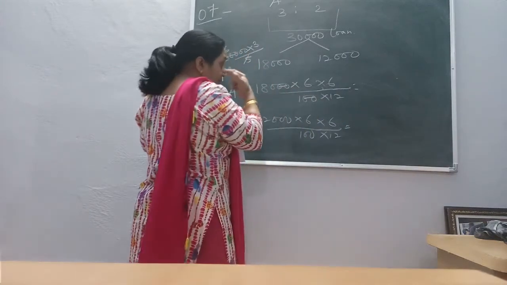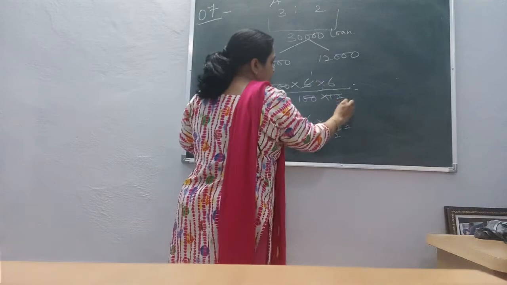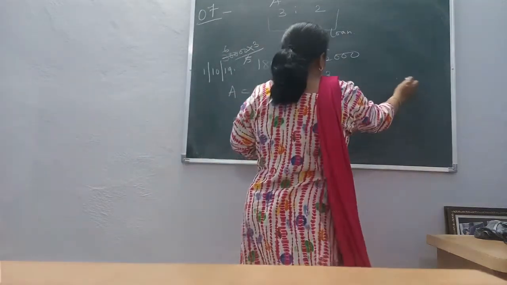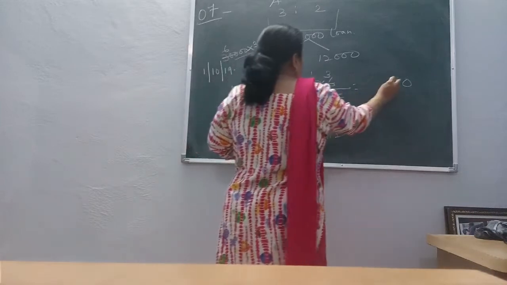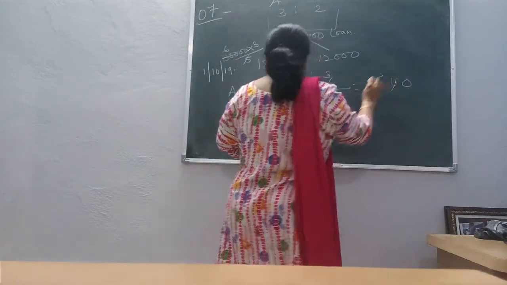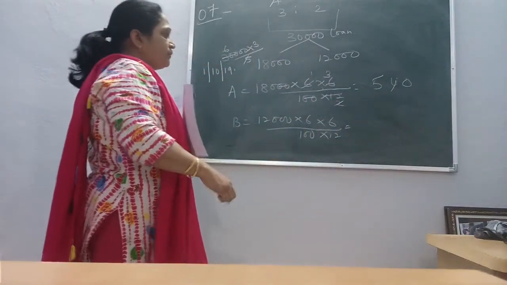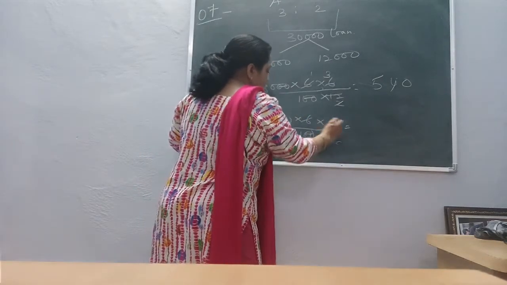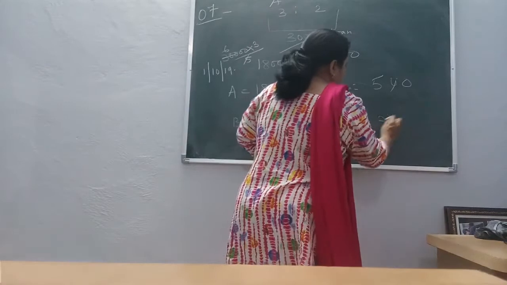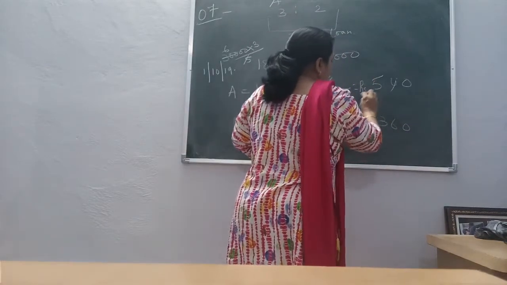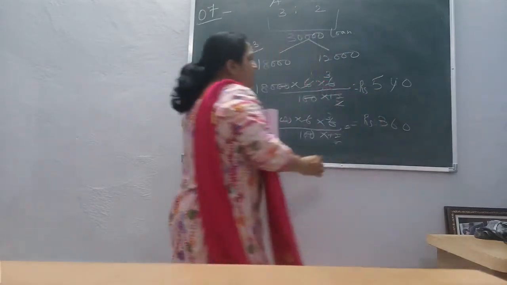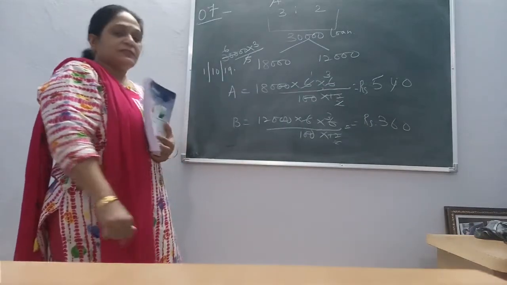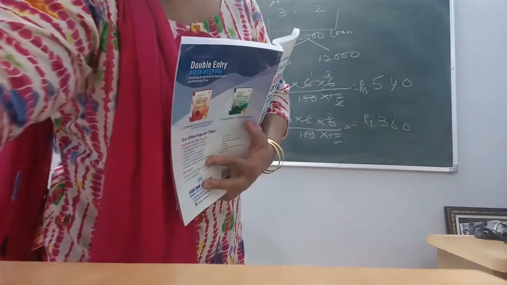When we calculate this, A will get 540 as interest and B will get 360 as interest.